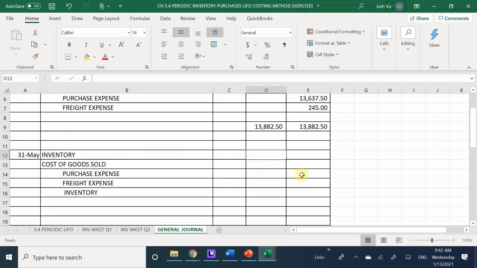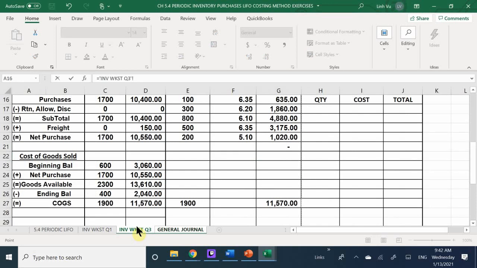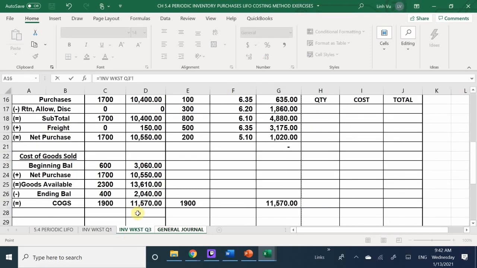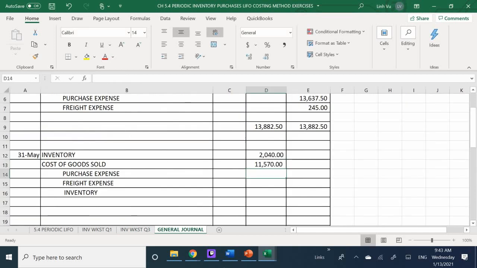What was my total ending inventory? 2040. What was my cost of goods sold? 11,570.